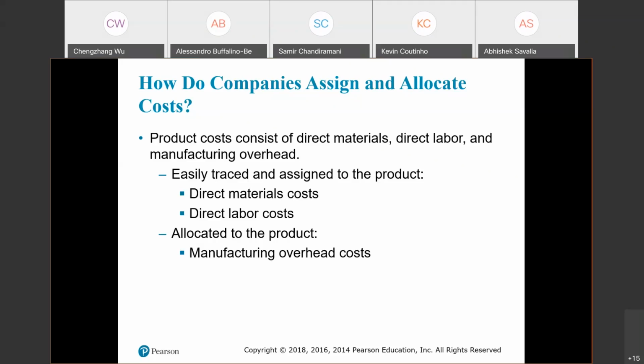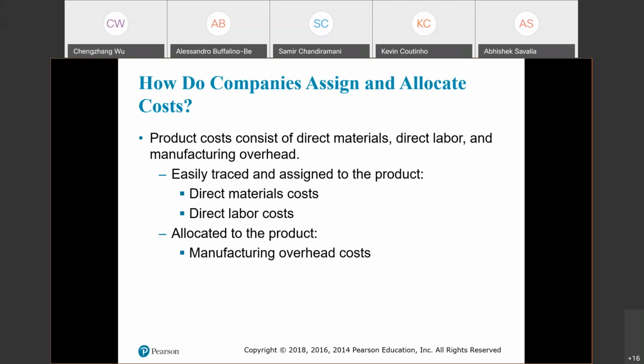But the managers cannot wait that long for the product cost information, because knowing product cost information helps managers set a sales price for the products. Business must figure out a way to allocate these indirect costs during the accounting period.